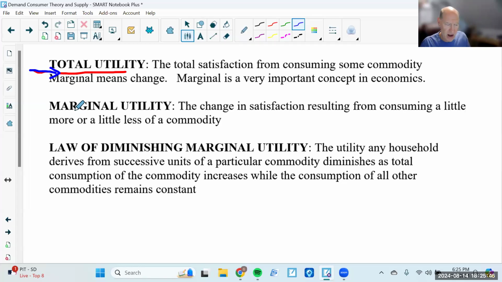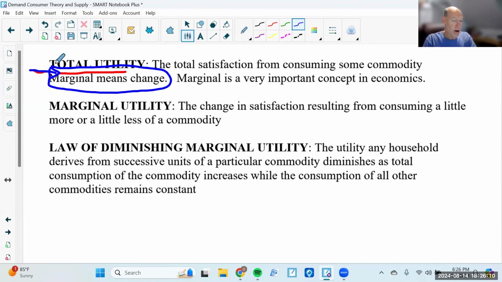Marginal is all throughout this entire semester. So if you get the concept of what marginal is today and tonight, then you'll be much better off. Marginal means change. It's the change in whatever it is you're talking about. In this case, marginal utility is the change in utility that comes from consuming another unit of that product.